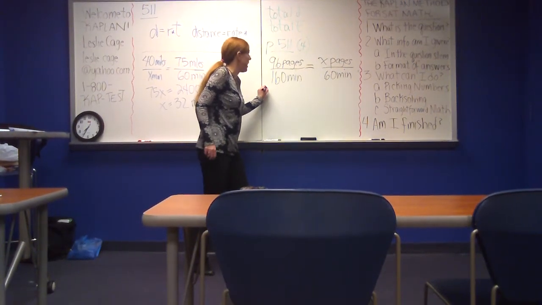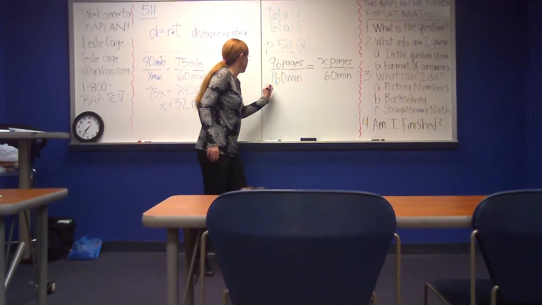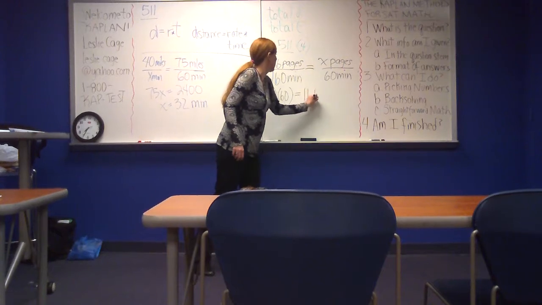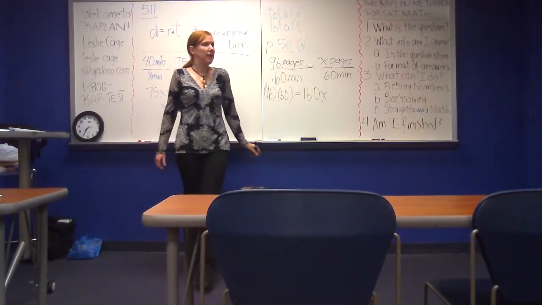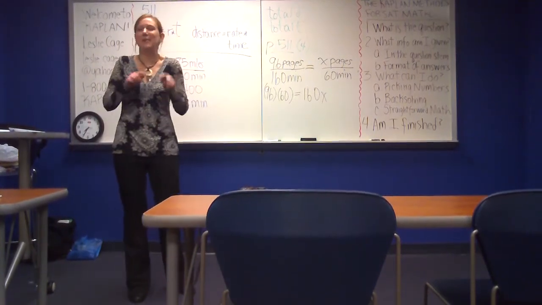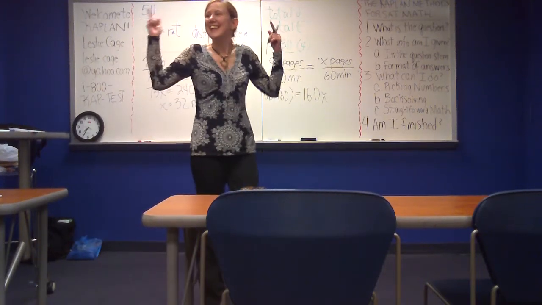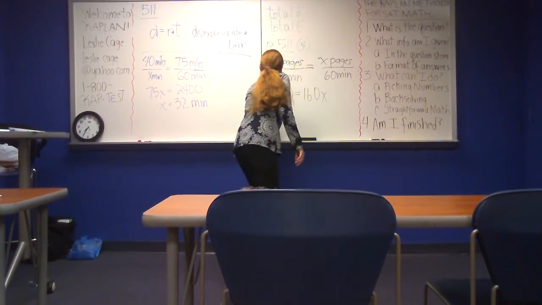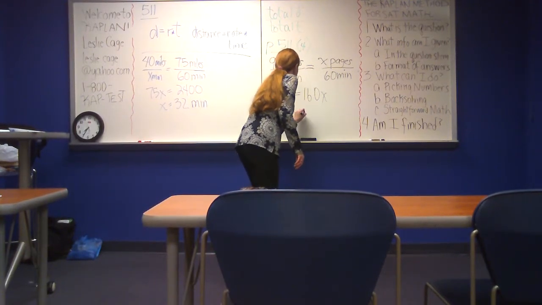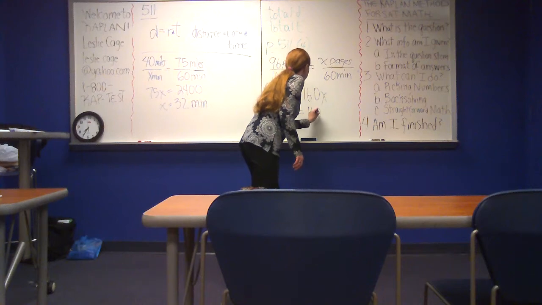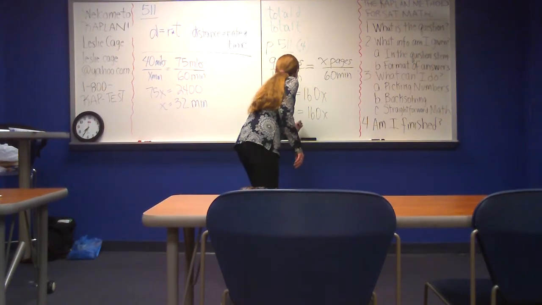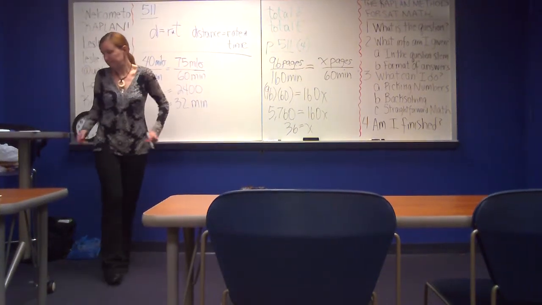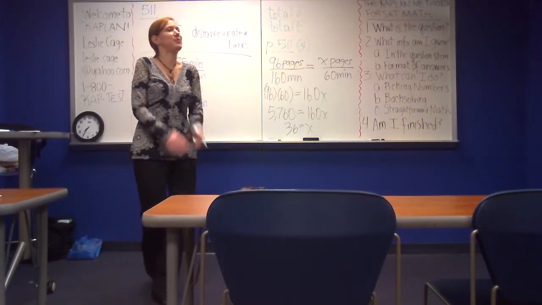Yes. And what would that give us? 96 times 60. Is somebody calculating? 5,760. Okay, now I'm going to need it to be divided by 160. 36. So, what is our 36? 36 what? Pages per hour. 36 pages per hour.